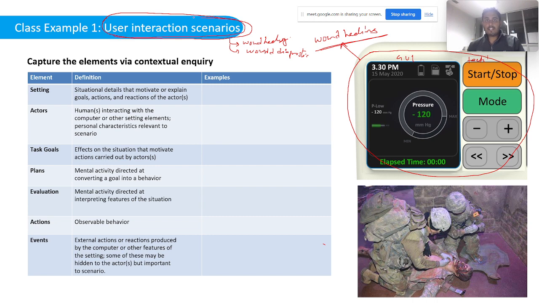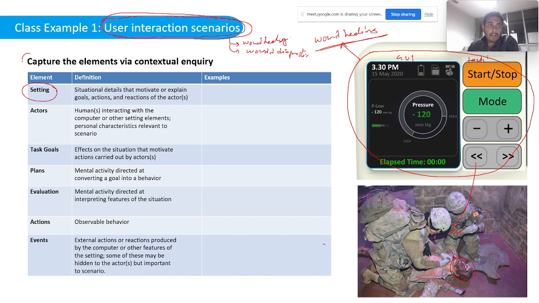So your user interaction scenario involves two soldiers who are trying to help a wounded soldier who has some sort of facial wound, and they are trying to use this particular device. Now tell me what you will capture.